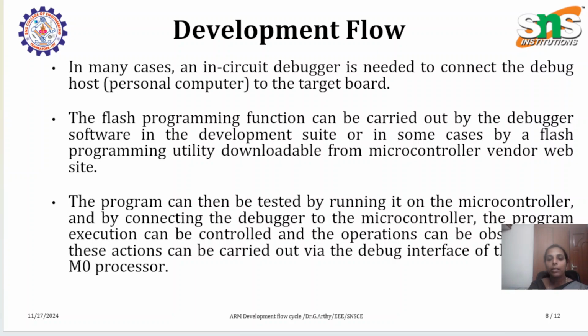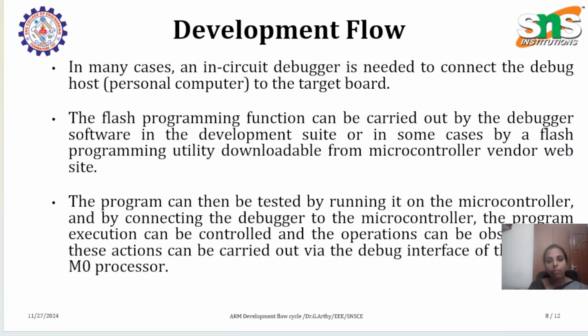In many cases, an in-circuit debugger is needed to connect the debug host to the target board. The flash programming function can be carried out by the debugger software in the development suite, or in some cases by a flash programming utility downloadable from the microcontroller vendor's website.